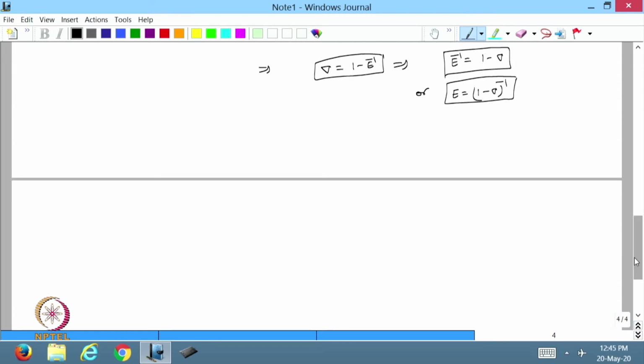Now I can find another relation. The third relation I want to define is for the central difference. I know that the central difference delta of f(x) is equal to f(x plus h by 2) minus f(x minus h by 2). So it is going half forward and half backward from the value of the function f(x).